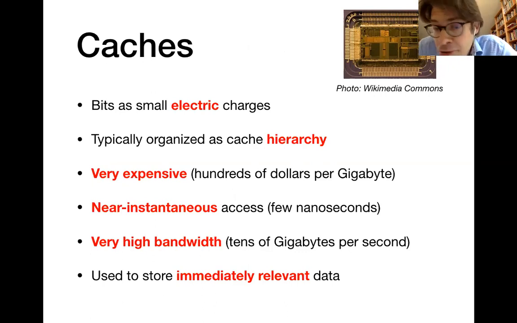But on the pro side, they offer essentially near instantaneous access and very high bandwidth. So that data is typically currently being used for some operation, or it has at least been used recently, or it is close to data that has been used recently. So you cannot fit that much data into those caches, but if you can fit data into it, then you have extremely high access times, and that makes it very efficient.